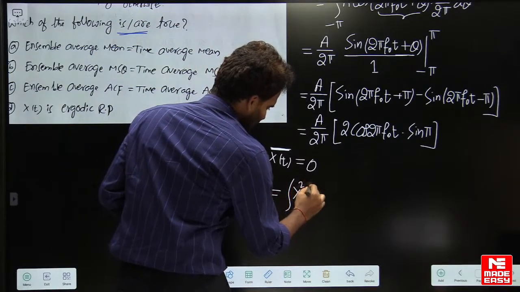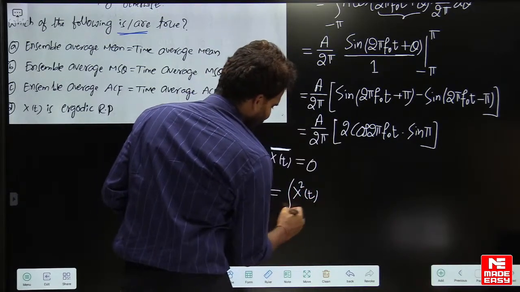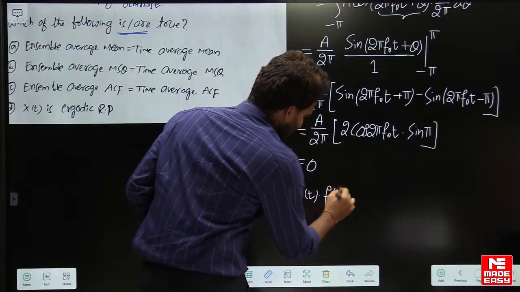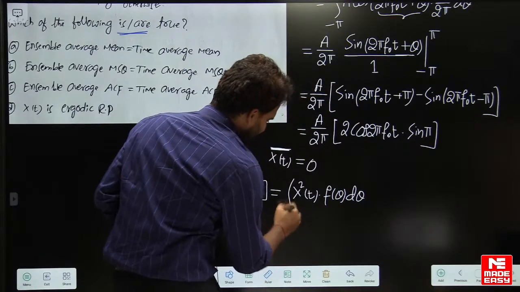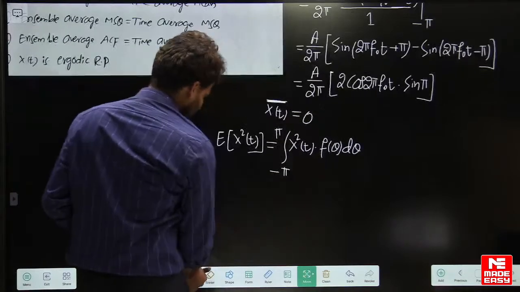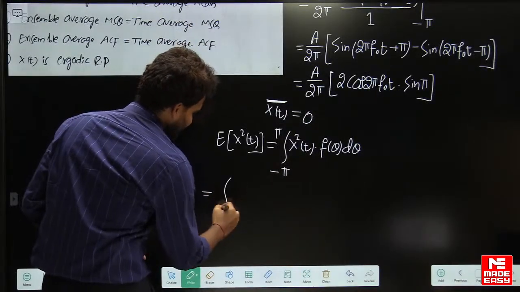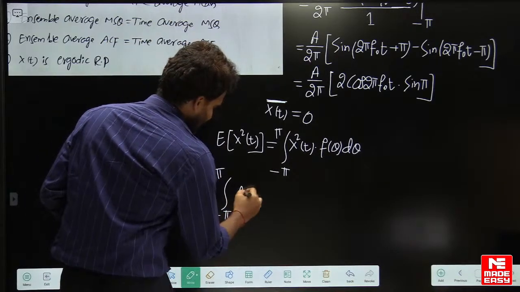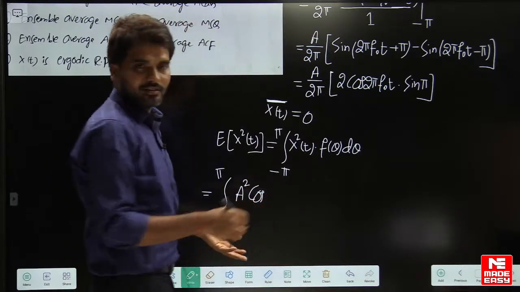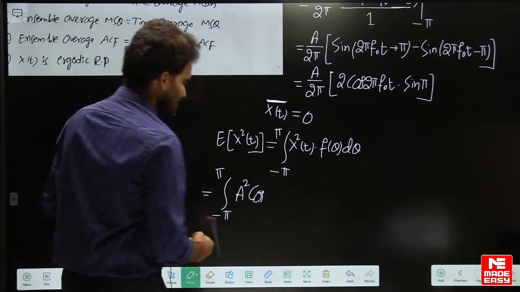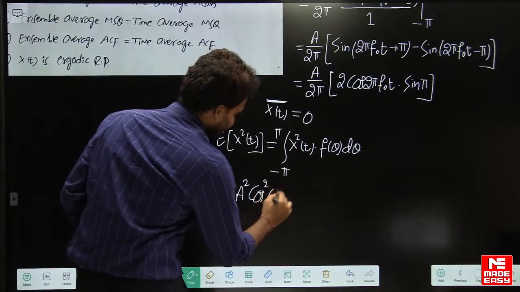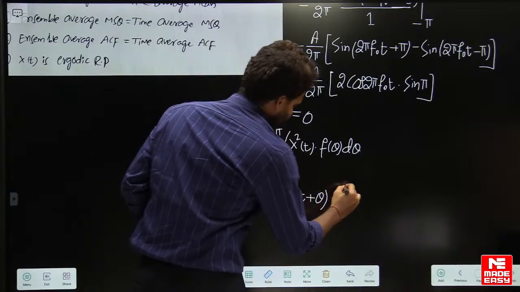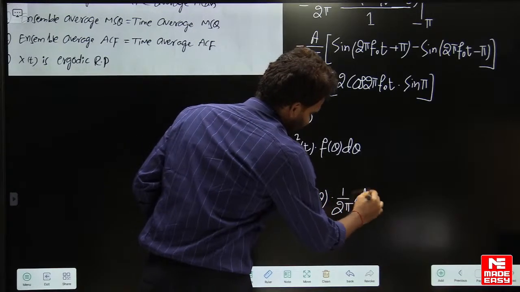It is the expectation of x square t, so it is the integration of x square t multiplied with the density function f of theta d theta from minus pi to pi. x(t) is given as A cos of 2 pi f naught t plus theta, and if you square it, it is cos square, into f of theta which is 1 by 2 pi d theta.